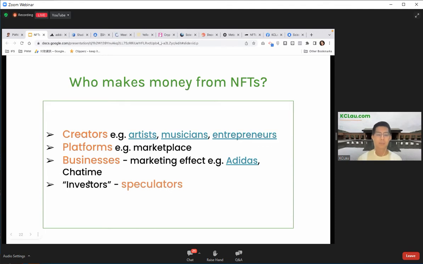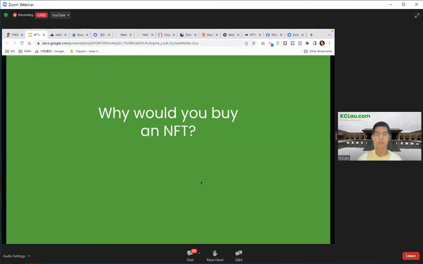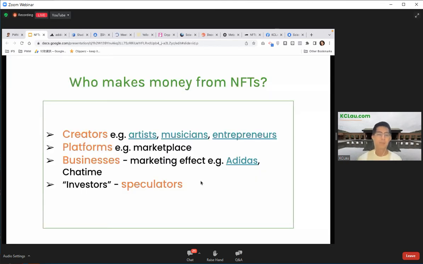So how about the others? The other people are the normal people who go in to speculate. The so-called investors, I don't call them investors, I put a bracket there. I will say they are speculators, right? They try to buy some NFTs and then sell them to somebody else who is willing to pay a higher price so that they can make the difference.